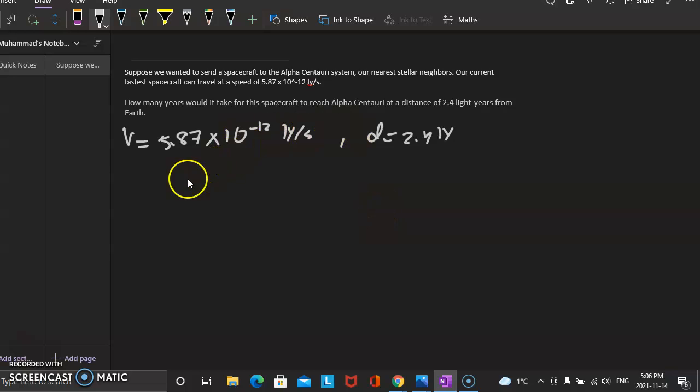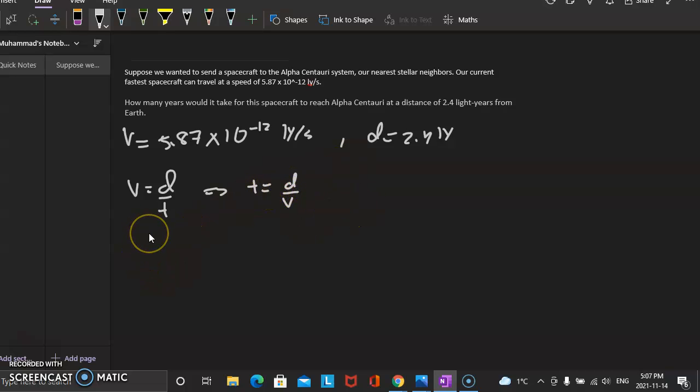So what we need to use is the formula velocity equals distance over time, which can be rearranged as time equals distance over velocity by multiplying both sides by t and dividing both sides by v to isolate for time, because that's what we need to find, how many years.